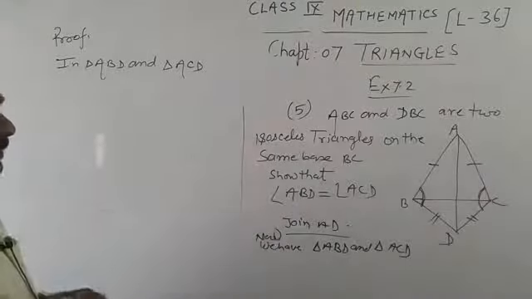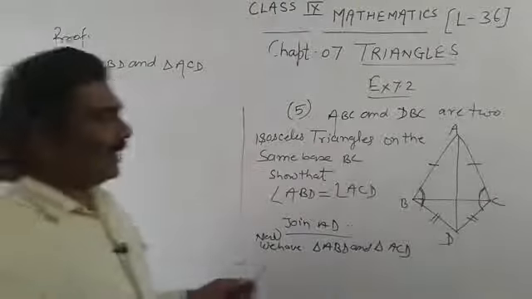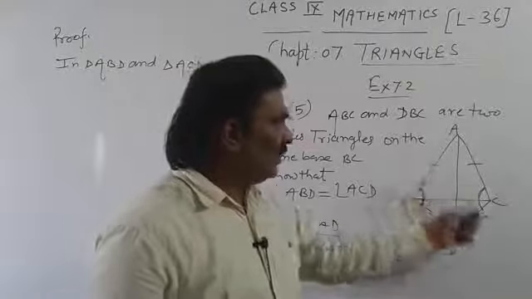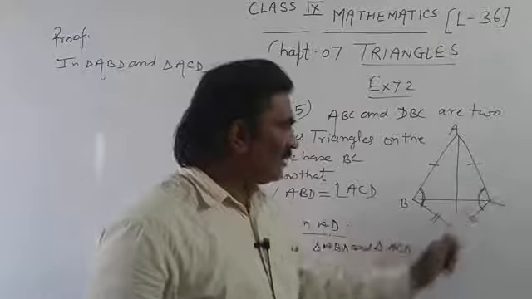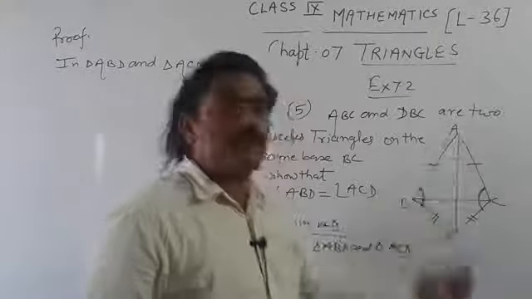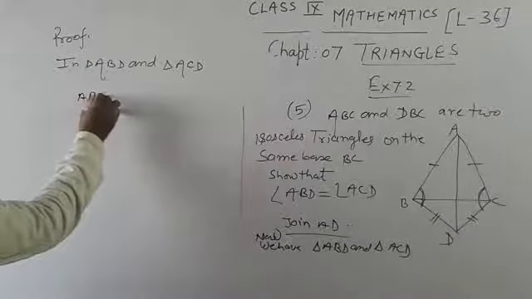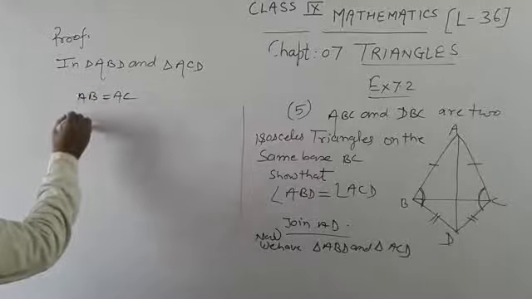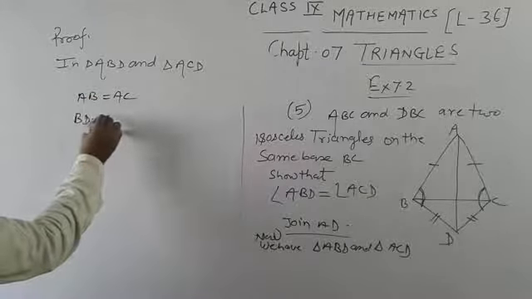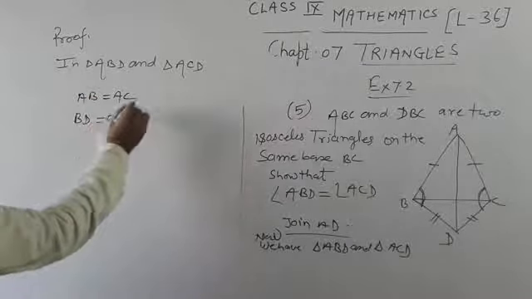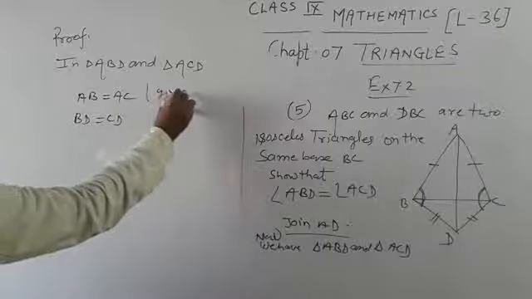So very simple, from the diagram we see that AB is equal to AC, BD is equal to CD, and similarly AD is common. So we will write here AB is equal to AC, BD is equal to CD, both are given.